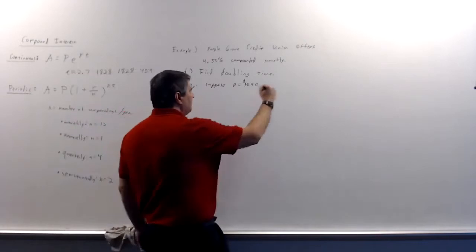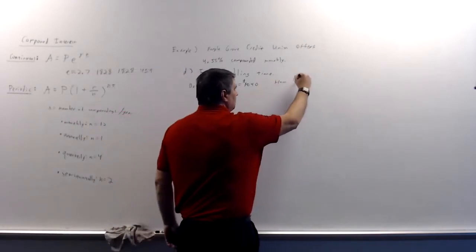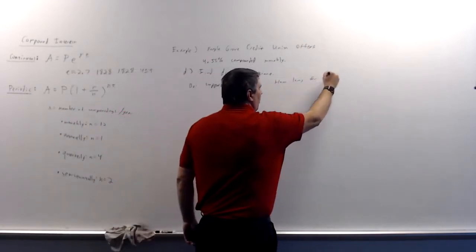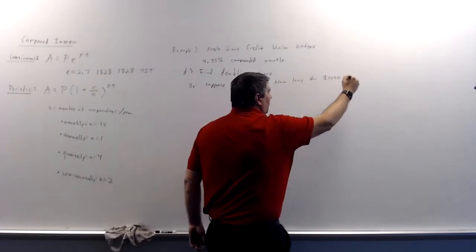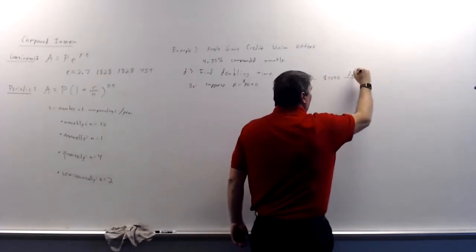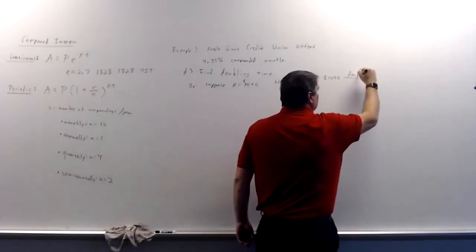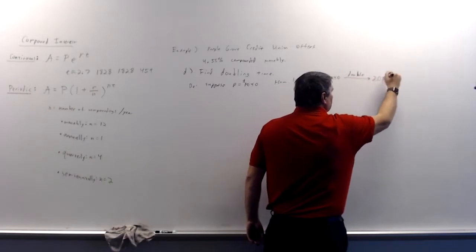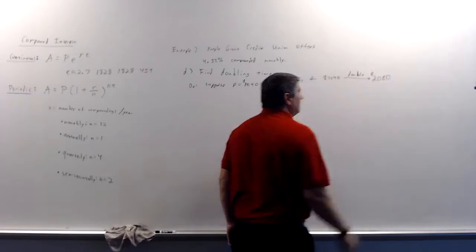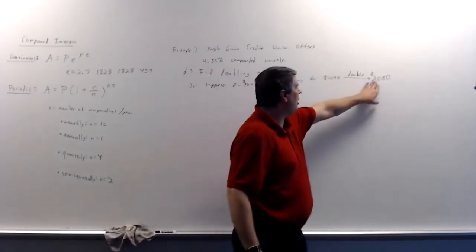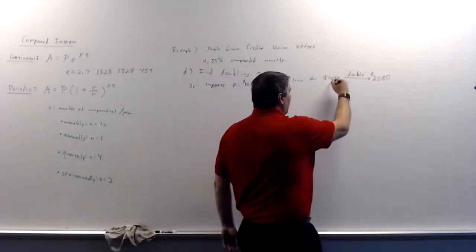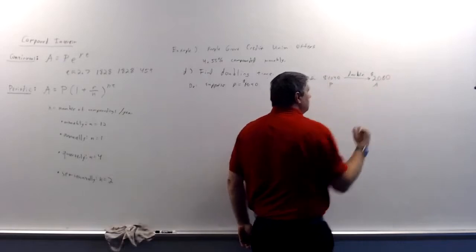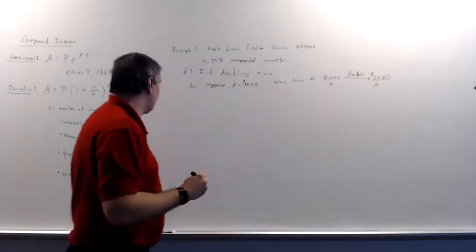How long for 1,040 to double to 2080? Okay, that's what we want to know. So this will be our principal, this will be our accumulated value.